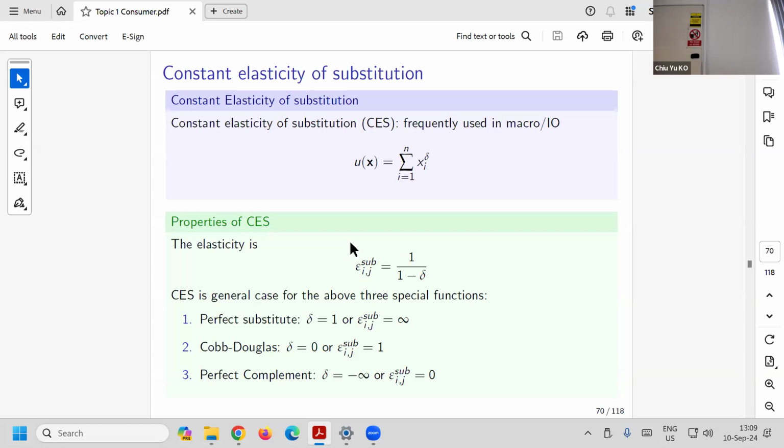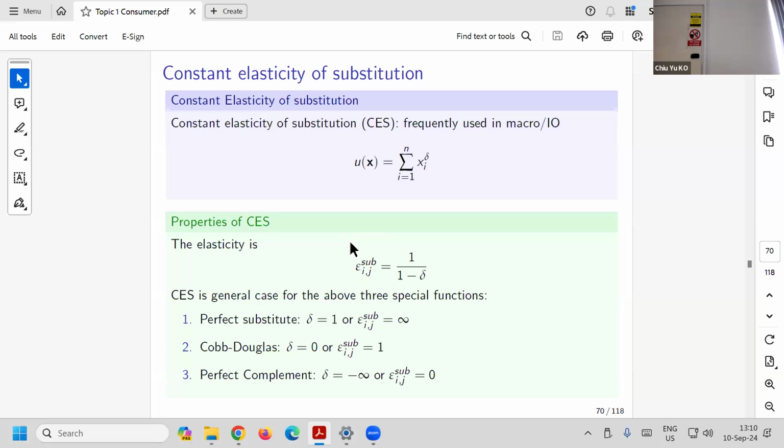That's why you will see many papers currently in trade and macro, they all use this. They either use the CES or a nested CES. You can consider a supply chain. It's like all the inputs.